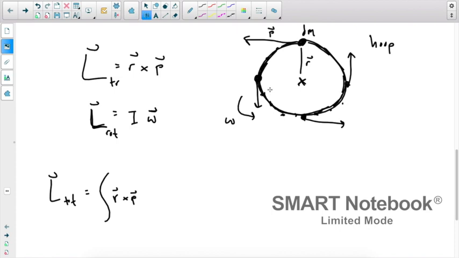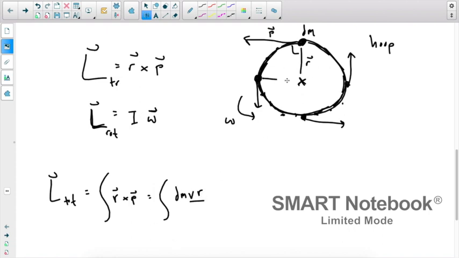So this cross product would become dm times v. That would get me the momentum vector, the tangential velocity of each little dm. And then a cross product with r, it's always going to be 90 degrees, so that's just going to be r. V and r are constant, right? As long as this thing is not speeding up or slowing down, I can pull v out.